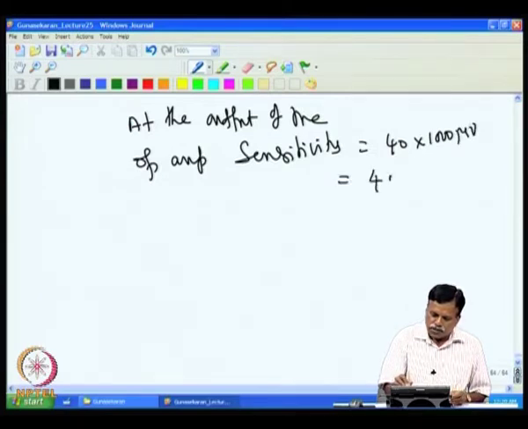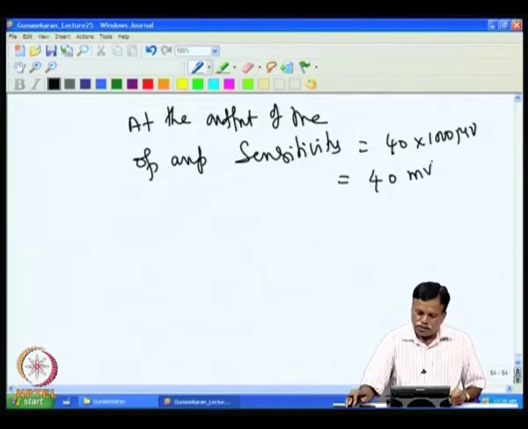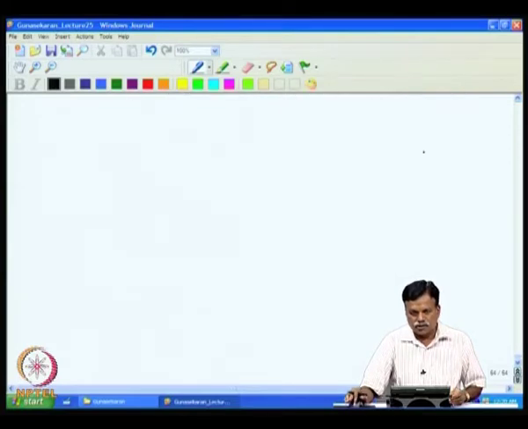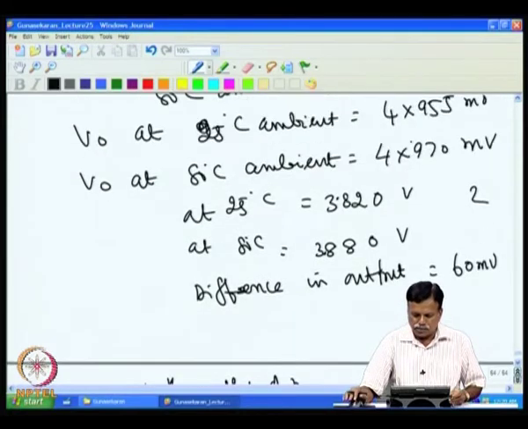So, that comes 40 millivolt, sorry. So, 40 millivolt is coming as 1 degree C at the output.